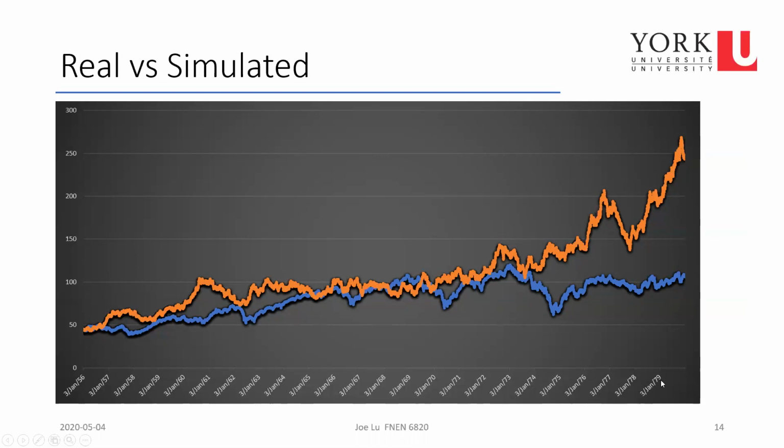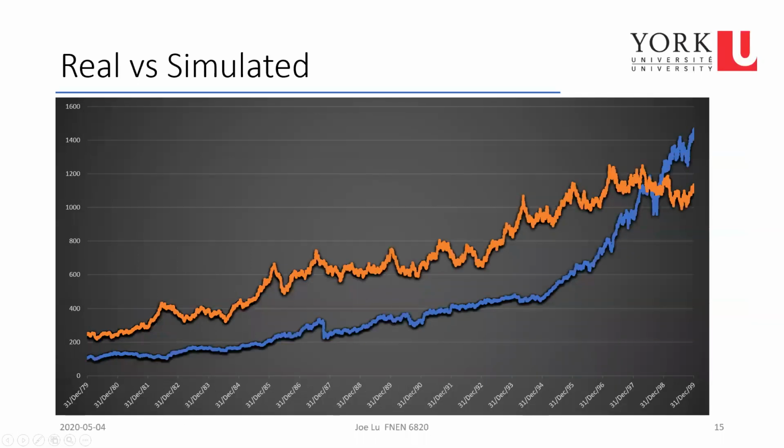Now the next one has a more recent history, from 1979 to really before the year 2000. So again, blue is still the same blue one as in the last slide, and orange is still the orange one. So with this new information, does it change your guess which one is simulated and which one is real?